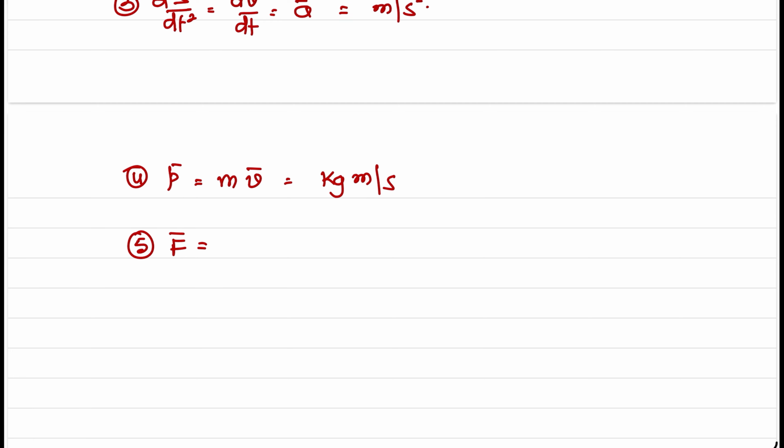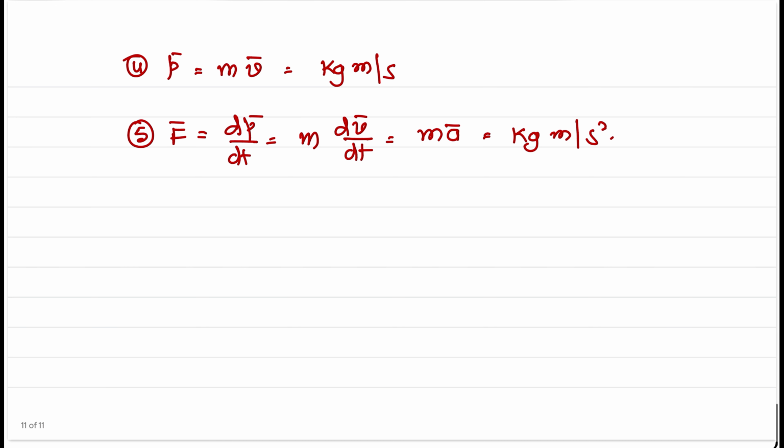Force is equal to dP by dt, that is equal to m into dV by dt, that is equal to m into A, that is equal to kg meter per second square. That is force. Usually it is called in newtons. It is Newton.